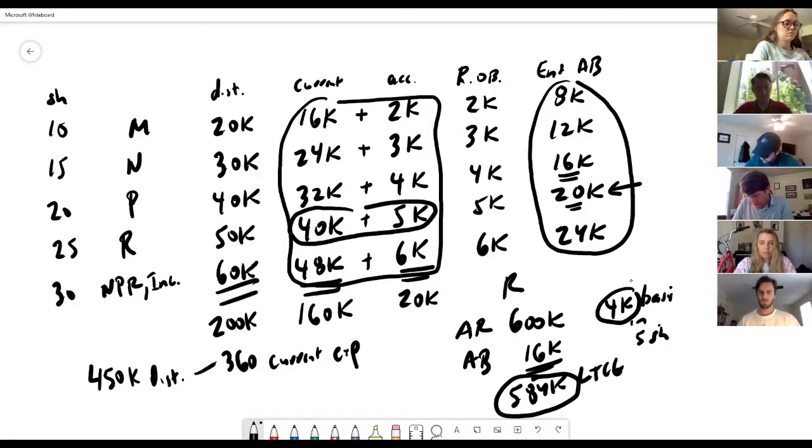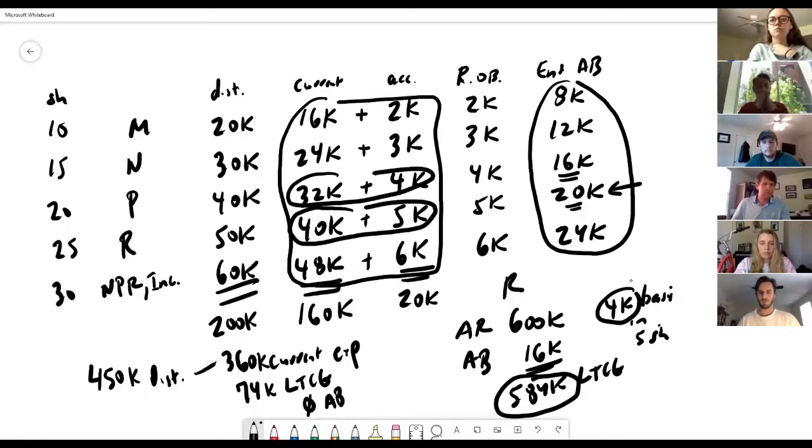The excess will be gain. So he'll also have 74,000 of long-term capital gain. And he's got 0 basis in his shares left. So summing up for Paul, Paul has 36,000 of dividend income here, 360,000 dividend income there. So that's 396,000 of dividend income, 74,000 of long-term capital gain, and 0 basis going forward.